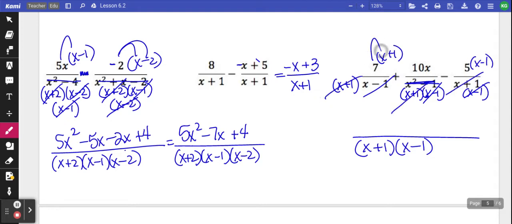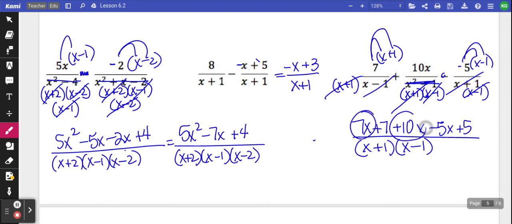So this would become 7x plus 7 plus 10x. Remember, this is a negative 5. So this becomes negative 5x plus 5. 7 and 10 is 17, minus 5 is 12. And 7 and 5 is also 12.